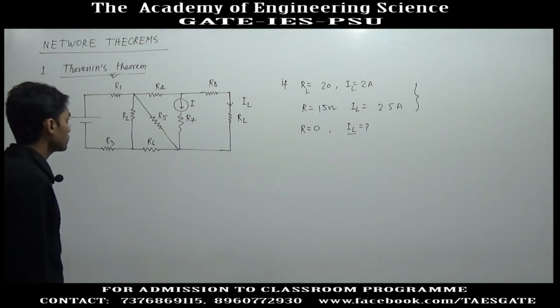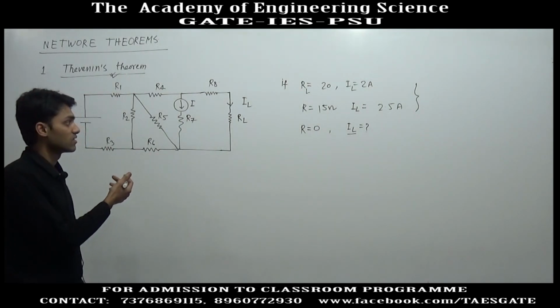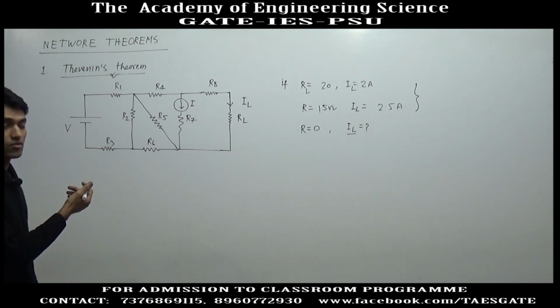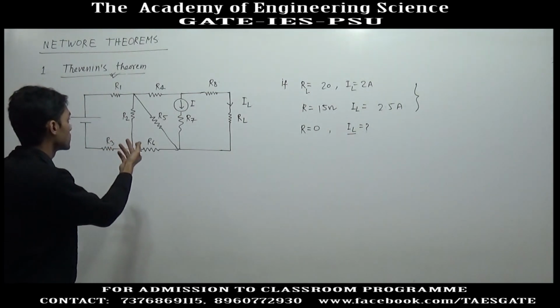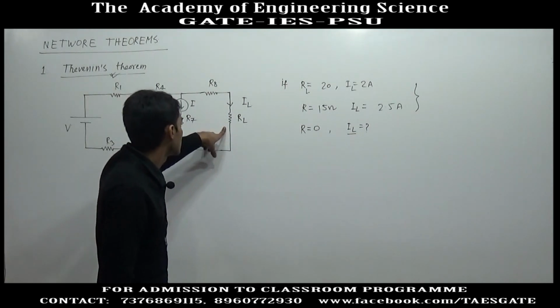Now if we try to solve this circuit by the conventional method, it looks impossible because no resistance, no voltage, no current source is given. But we are changing the load resistance here.